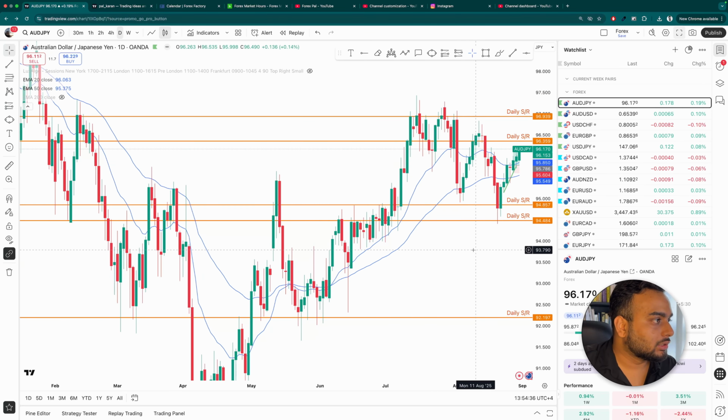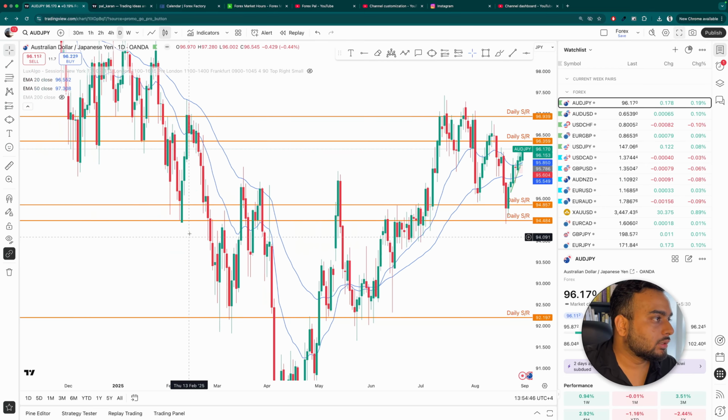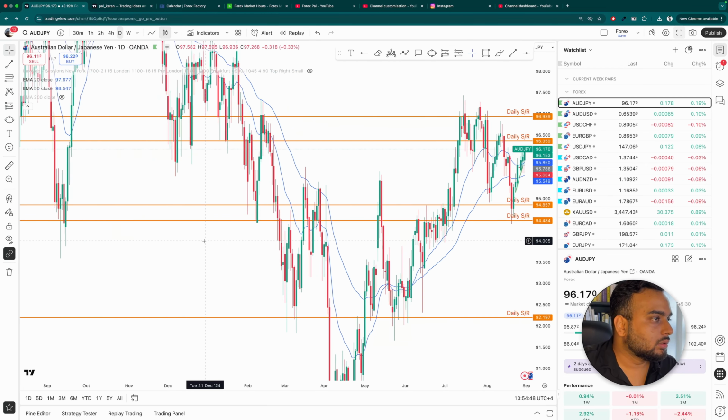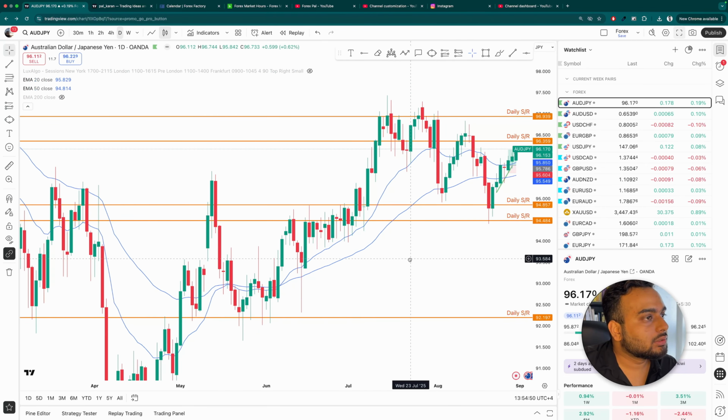It's a good resistance point. We have one, some consolidation, and then two, three, four good enough touches.